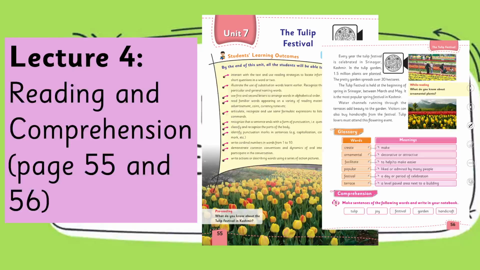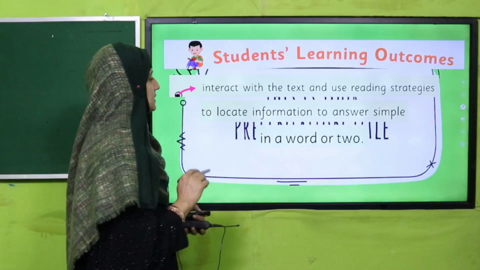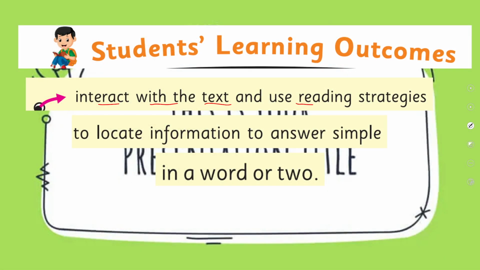In our lecture number 4, we will cover reading and comprehension, and we will cover page numbers 55 and 56, inshallah, my dear students. This SLO will be to interact with the text, using reading strategies to locate information to answer simple questions in a word or two.